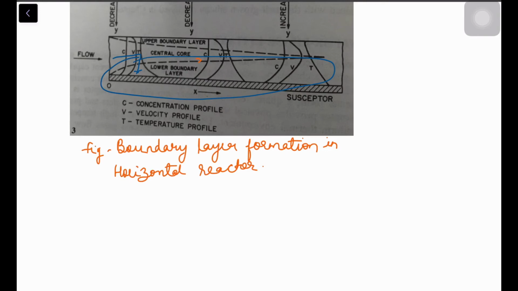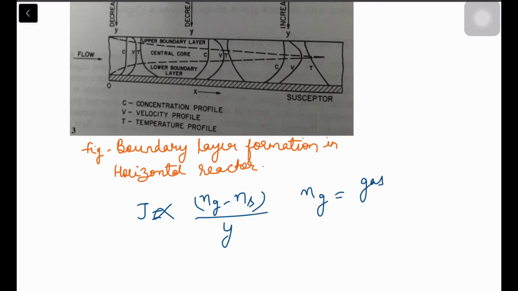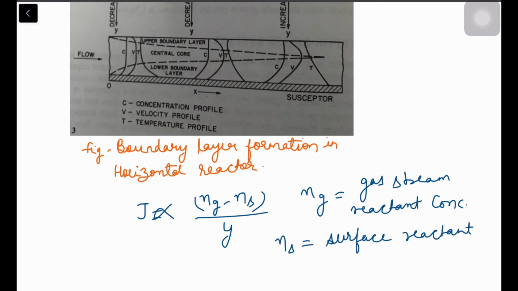It is across this boundary layer that the reactants are transported to the surface. The flux of species going to and coming from the vapor surface is a function of several variables like temperature, system pressure, reactant concentration, and layer thickness. So the flux J is proportional to Ng minus Ns upon Y, where Ng is the gas stream reactant concentration and Ns is the surface reactant concentration.